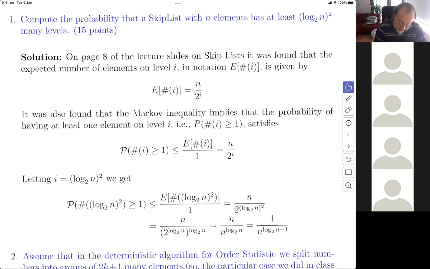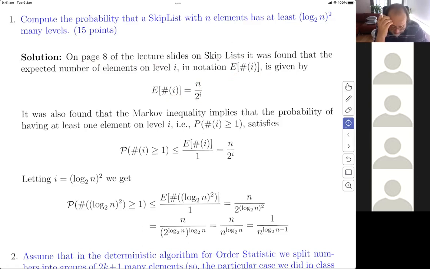And I even give you here in the solution that on page 8 of the lecture slides on skip lists, we computed that the expected number of elements on level i of a skip list, denoted by E[#i], is given by n divided by 2 to the i.